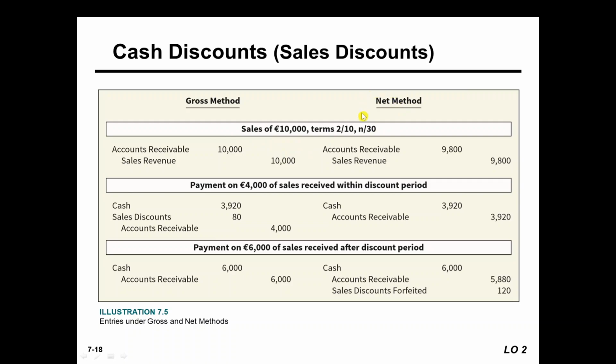But when we use net method, the sales revenue recorded is assumed to be 98% of our sales, because we assume that this 2% discount will be taken by our customer.